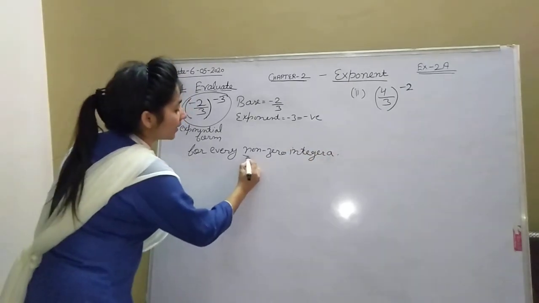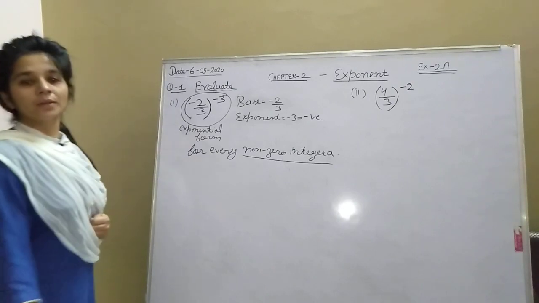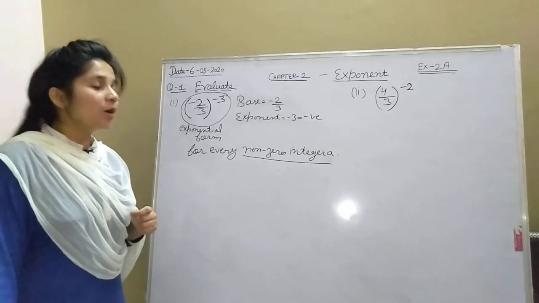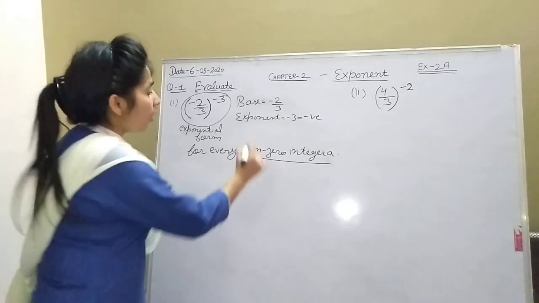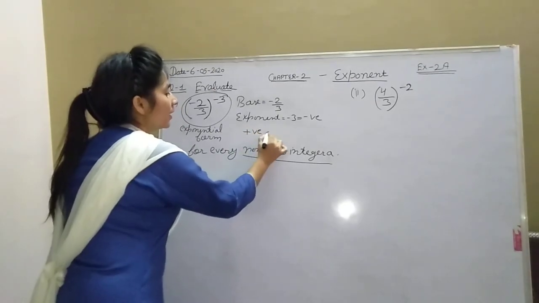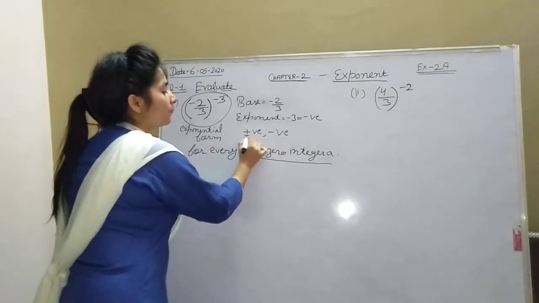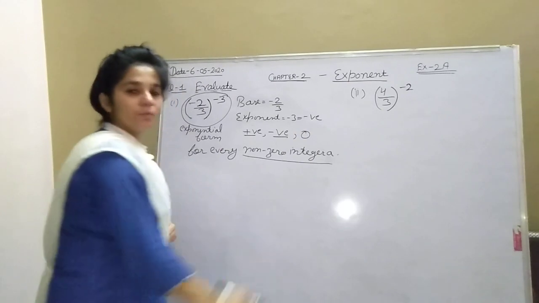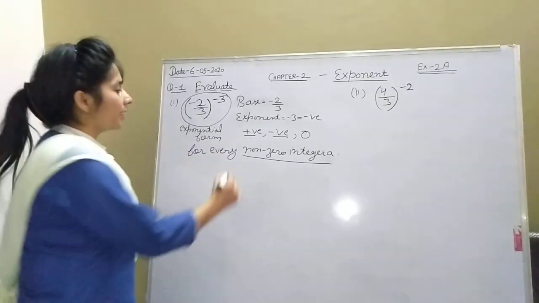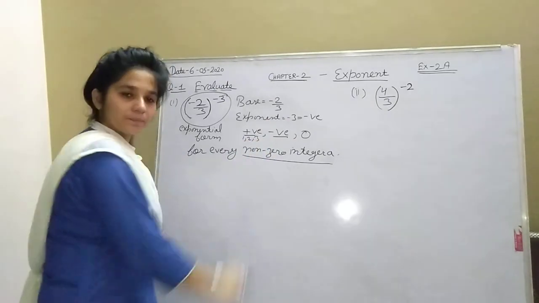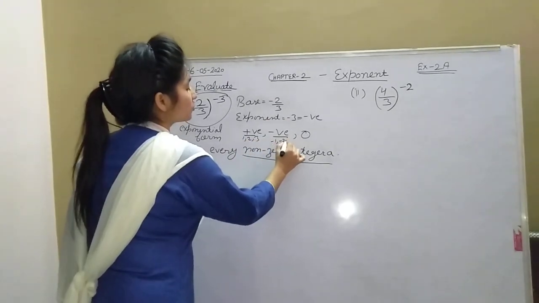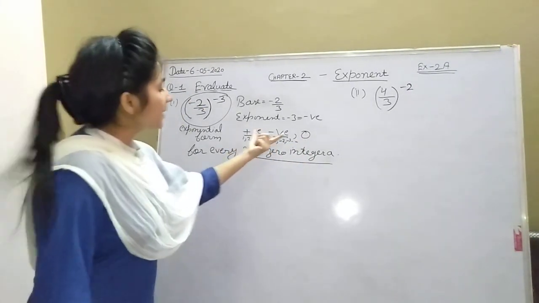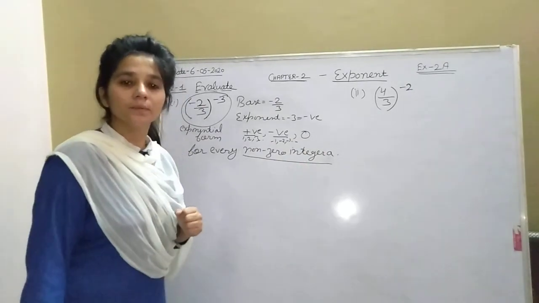What do you mean by non-zero integer? We all know about the integers: all positive and negative counting numbers including 0. Positive counting means 1, 2, 3, negative means -1, -2, -3 and so on, with 0 also. All these we call integers.